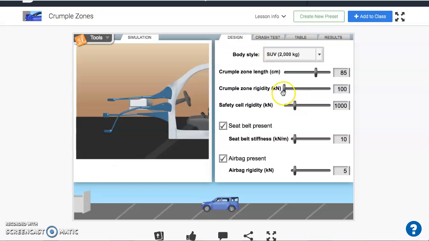Okay, and then I also had you play around with the different rigidity. There it is. The rigidity of the crumple zone and the safety cell and things like that. And you can also change how long it is.